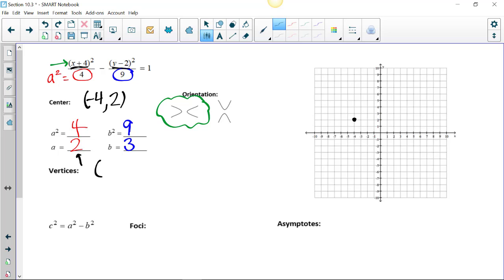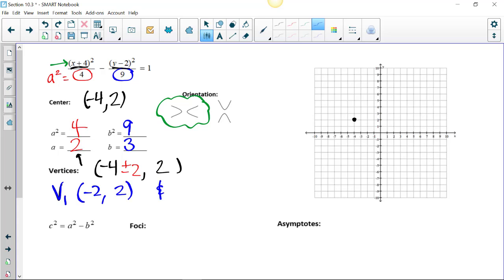units. So let's come up with the vertices by starting with the center point. If we're going left and right, we're changing the x-coordinate of the center by adding and subtracting 2. The y-coordinate of the center will remain 2. It's on that same horizontal line. All right, so one of my vertices is -4 plus 2, which is -2, 2.